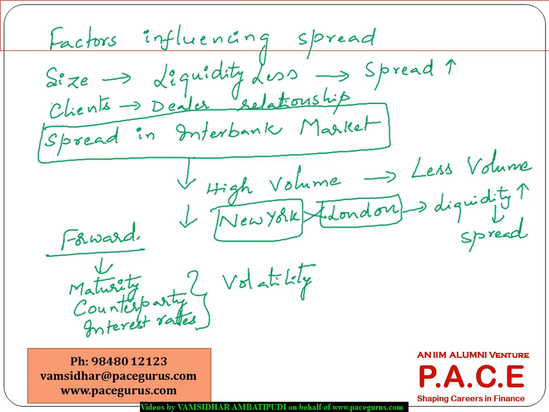Because of all these reasons, the forward rates in long-term maturity contracts are much higher compared to the forward rates for a short-term maturity contract. So the basic structure of the currency markets is something we need to understand before getting into the calculations involving foreign currency.